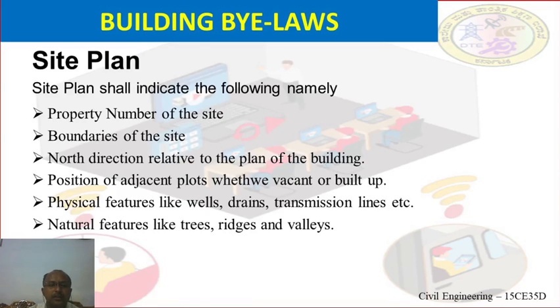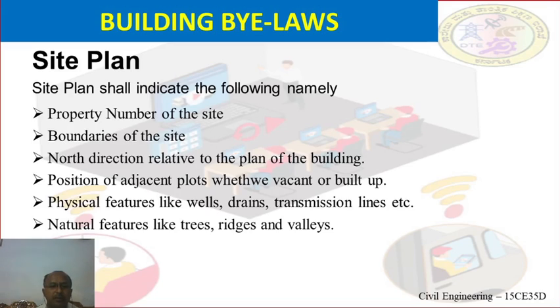Now let us discuss the site plan. The site plan indicates the following: the property number of the site and boundaries of the site, north direction relative to the plan of the building, and the position of adjacent plots, whether vacant or built up.